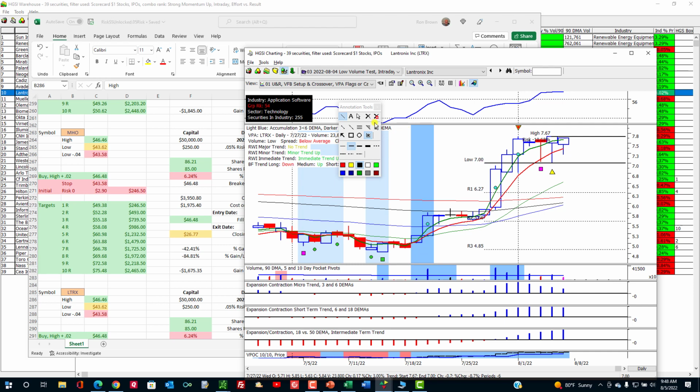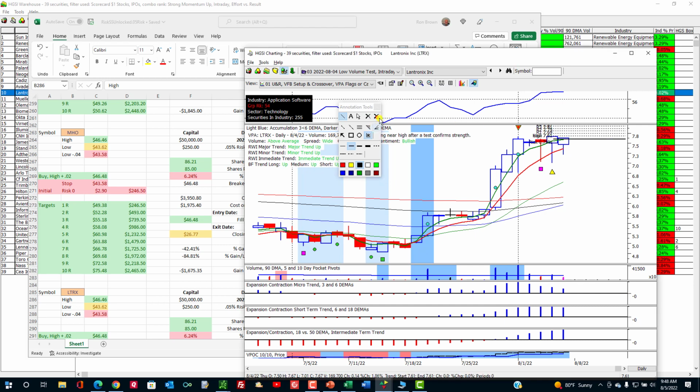That would be my stop point. How much would I be risking? Oh, I'm doing this wrong. I have to start at the low and take it to the high. Well, that's 9.3% approximately. That's kind of a big risk, but I'm not going to take the trade until it takes out that high. So what is the high on this day?